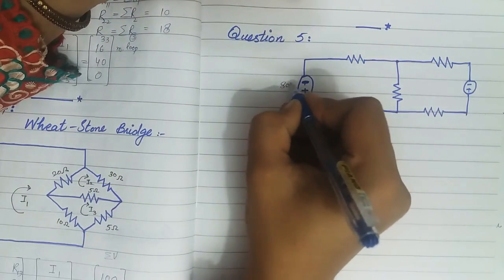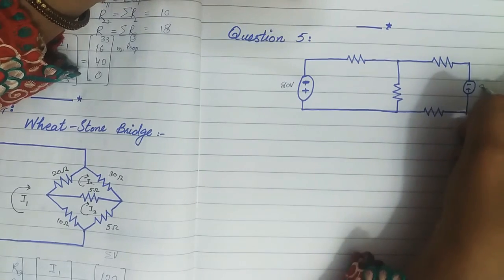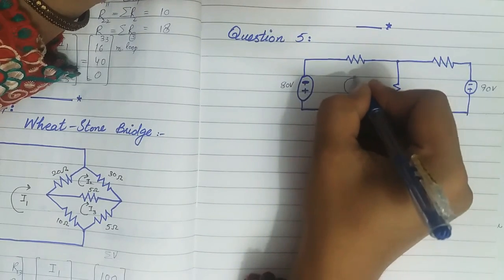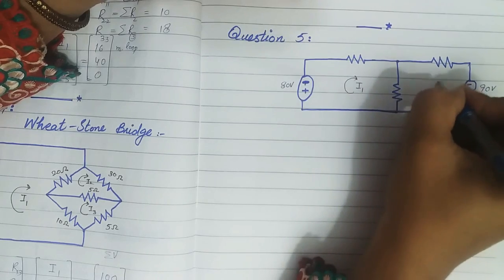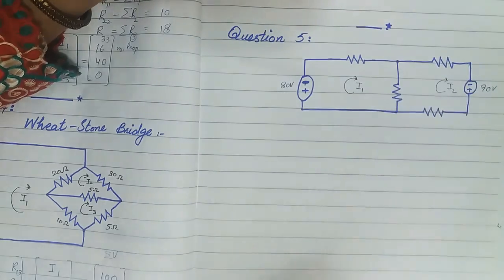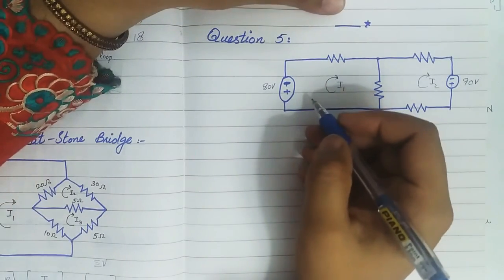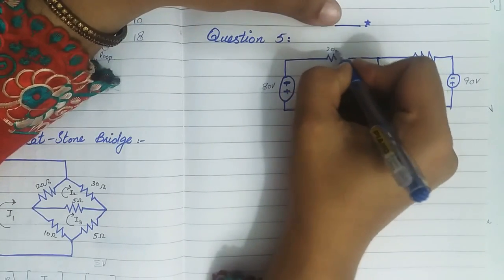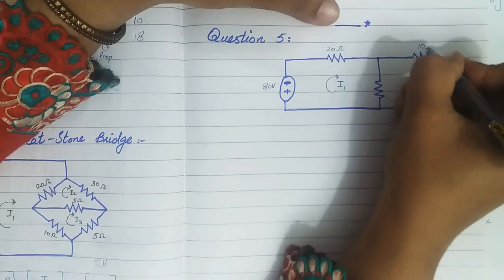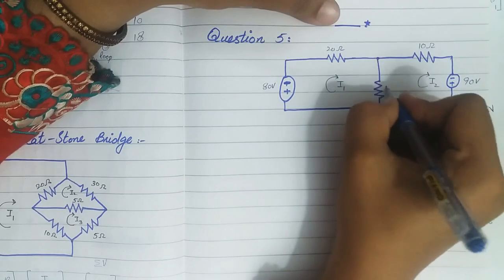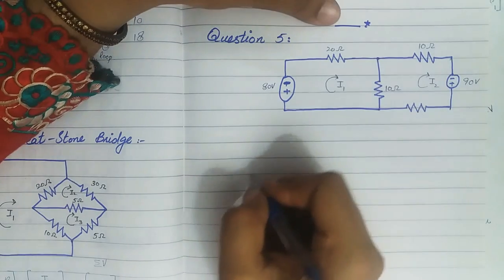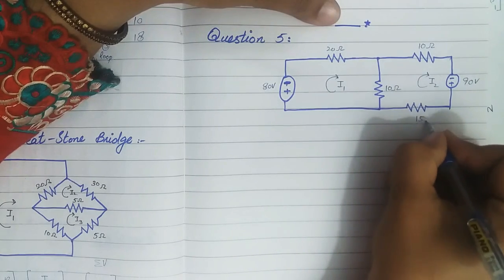This is 80 volt, this is 90 volt, current direction is clockwise. In some cases current direction could be anti-clockwise. 20 ohm, 10 ohm, this is also 10 ohm, this is 15 ohm.